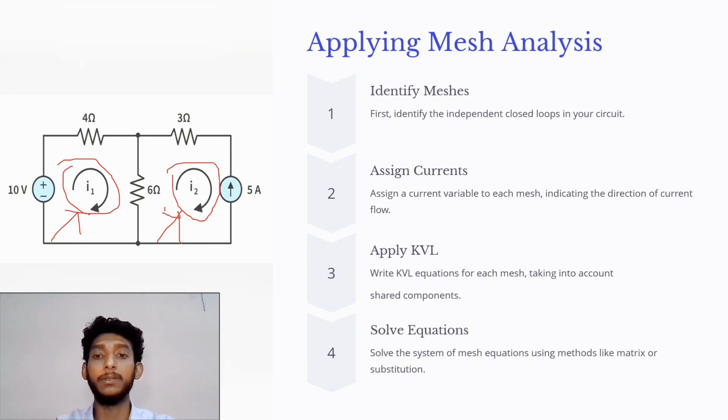Assign a current variable to each mesh indicating the direction of current flow. Here is the direction of current flow. Apply KVL. Write a KVL equation for each mesh, taking into account shared components. And last one is solve equations. Solve the system of mesh equations using methods like matrix or substitution.